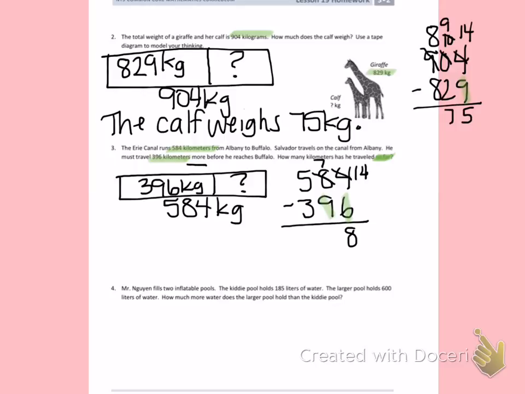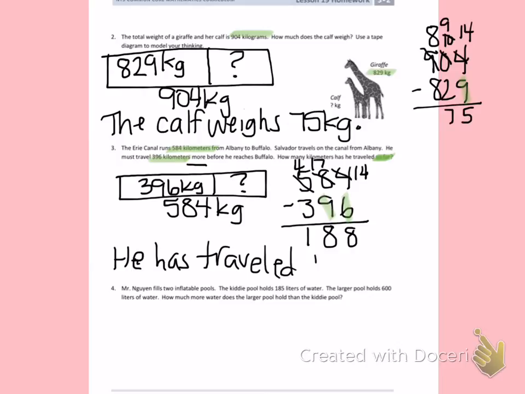In my tens place, 9 is my bigger number, so I will need to regroup. 5 turns into a 4. 7 turns into 17. 17 minus 9 is 8. 4 minus 3 is 1. So, he has traveled 188 kilometers.